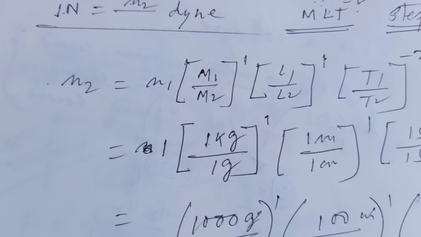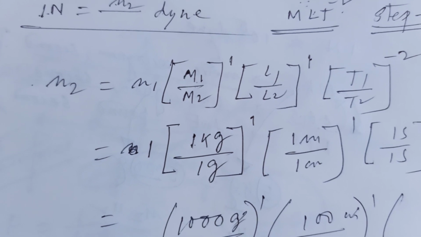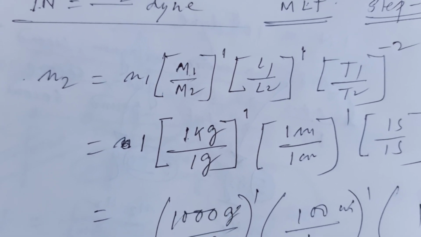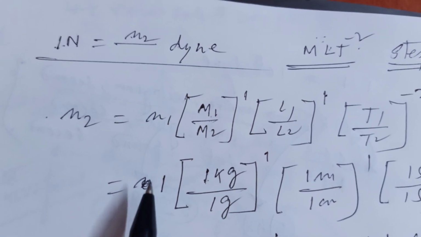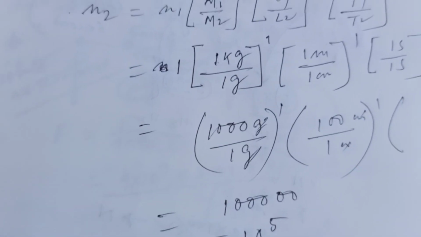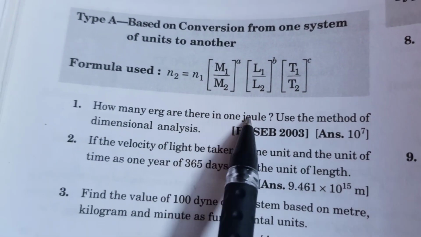So erg is the unit of work done, so the dimension is ML squared T minus 2. You have to know the dimension of work done, and then n2 equals n1, and so on. Okay, so take another example.